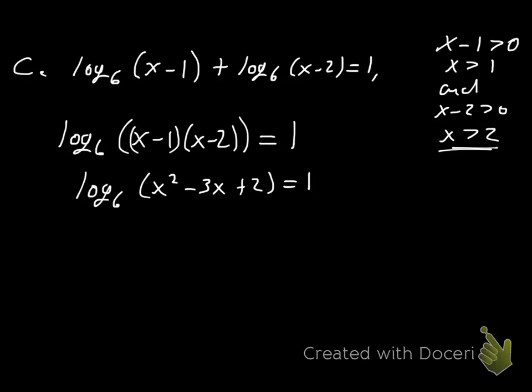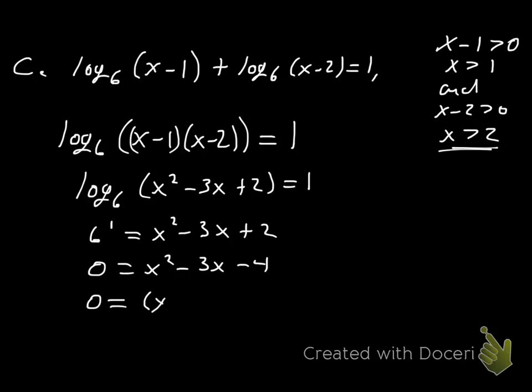Now it's a log equals a number, so we can rewrite in exponential form, or another way of saying it is using the definition of log. 6 to the first is equal to the argument inside. 6 to the first is just plain old 6, so I'm going to subtract 6 from both sides. So that's why we have 0 on the left. x squared minus 3x minus 4, and how the minus 4 came about was 2 minus 6 is negative 4.